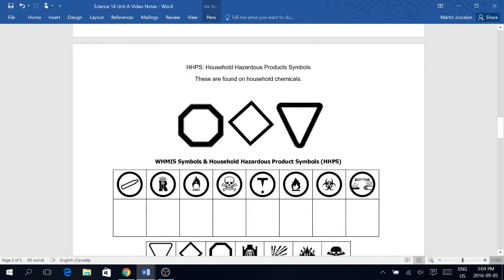Now these are your HHPSs, your household hazardous product symbols. They're very similar to WHMIS symbols except they have these shapes. This shape, like an octagon or a stop sign, is danger. Then this diamond shaped symbol means warning.